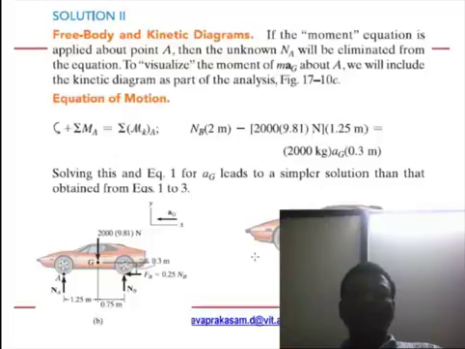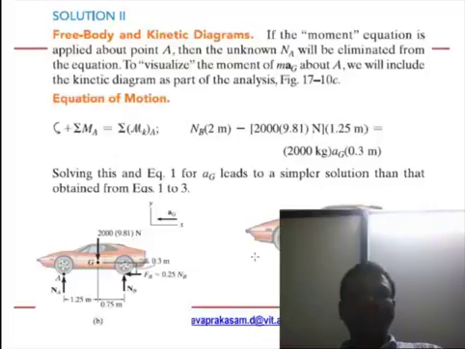So these are the quantities NA, NB and the acceleration at G. You have to resolve the forces in the x and y direction at the center of mass, and the rotation about the center of mass, or center of gravity. Either you can take moments at A and B or at G, depending on the problem.